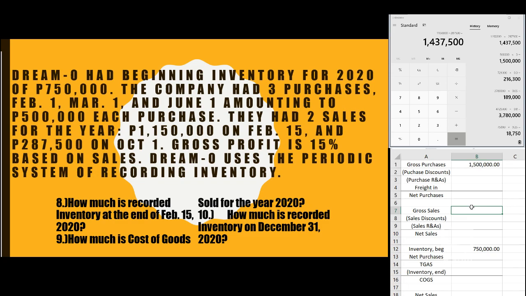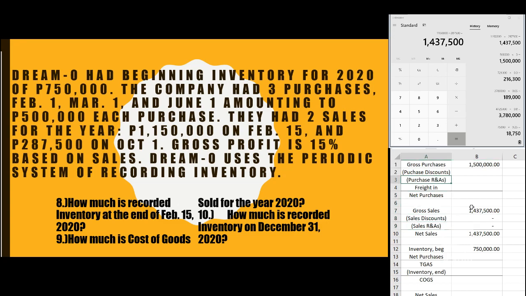So gross sales is 1,437,500. Wala namang binanggit na sales discount or sales returns and allowances. So this one is 0. So basically, gross sales in this case will be equal to our net sales. Ganun lang yun, guys. If 0 yung mga nasa gitna, gross sales will be equal to net sales.